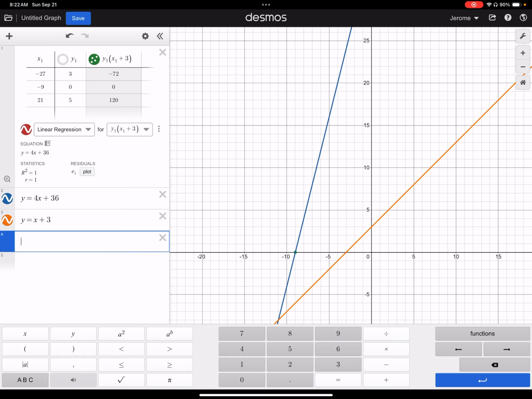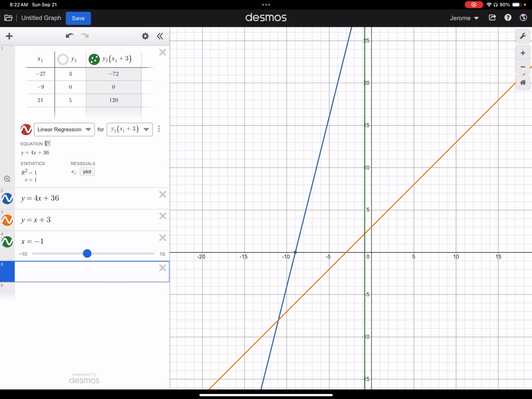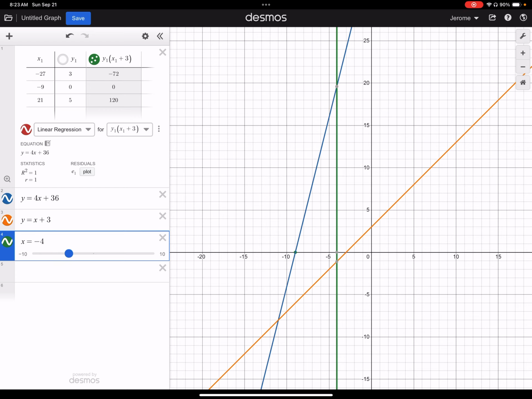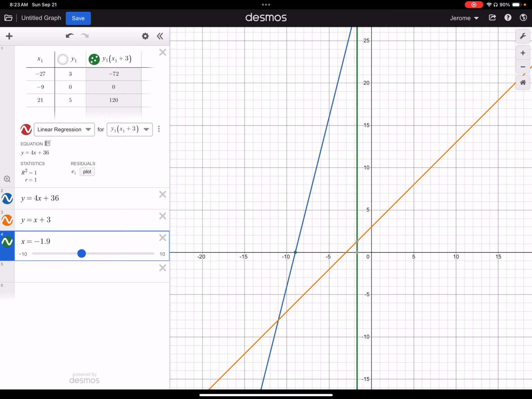Let me demonstrate this with x equal to 1, and it should put a little slider in here for me. If I put my vertical line here, it's taking these two y values, in this case 10.8 for the top one, and dividing it by the bottom y value, which is negative 3.3. It's doing that for every single y value.